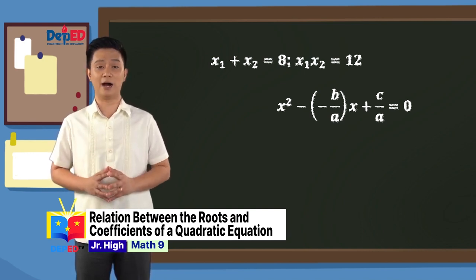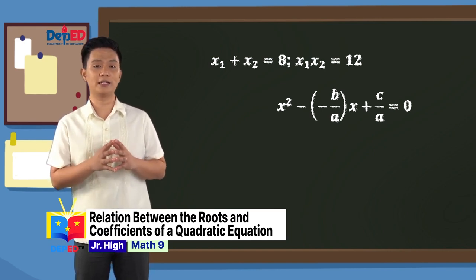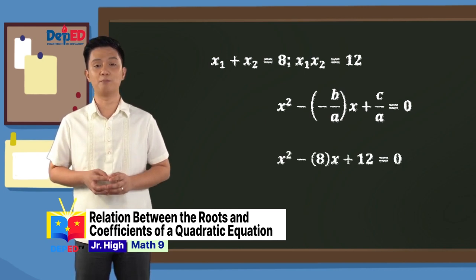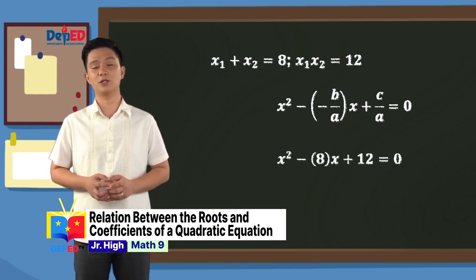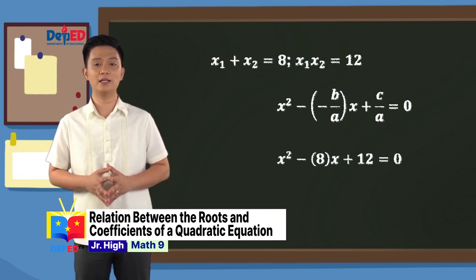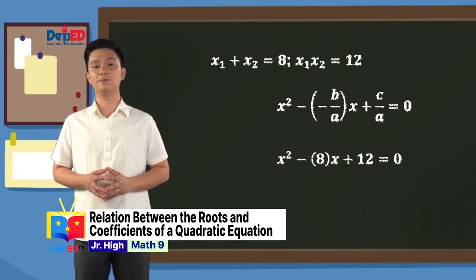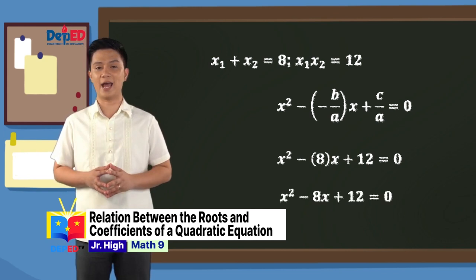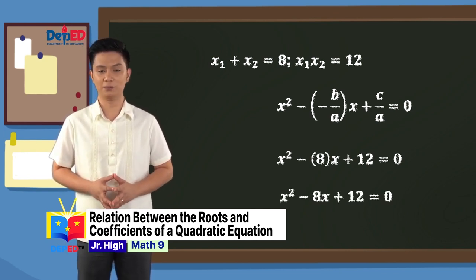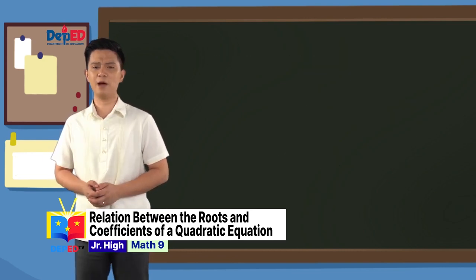We substitute the value of the sum and of the product in the equation. Hence, we have x squared minus 8 of x plus 12 equals 0. Then, by obtaining the negative of 8 as indicated, the final equation is x squared minus 8x plus 12 equals 0. Second example.